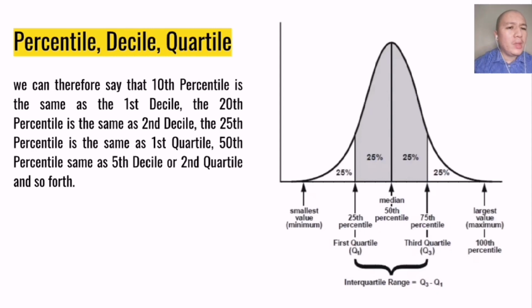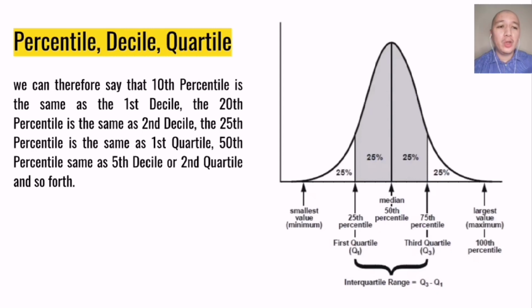So again, all of them are related to one another. The first decile, the 10th percentile, and the second decile, the 20th percentile. The 25th percentile is the same as the first quartile. The 50th percentile is the same as the fifth decile, or the second quartile, and so on and so forth.